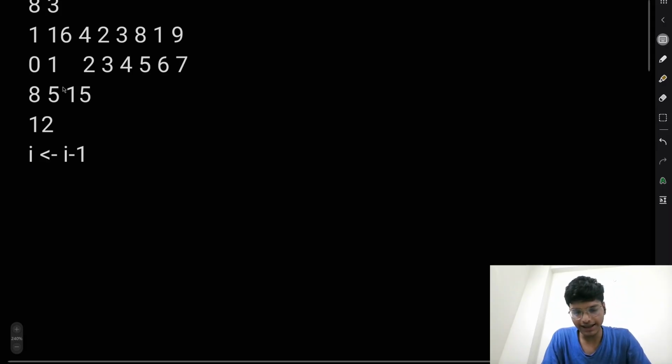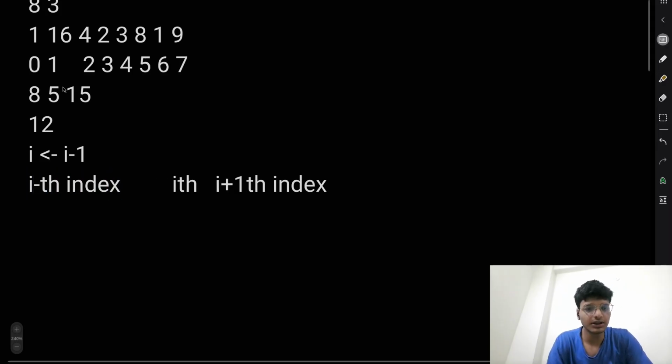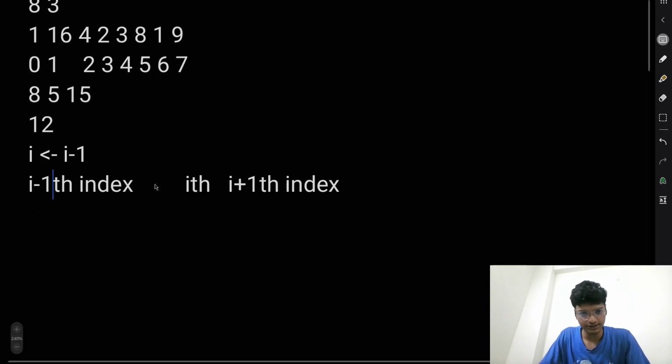Wait, let me explain it more easily. Let's suppose we are at some ith index, and the I plus one index is here and the I minus one index is here. Let's suppose the ith index just changed because of the I minus one index.